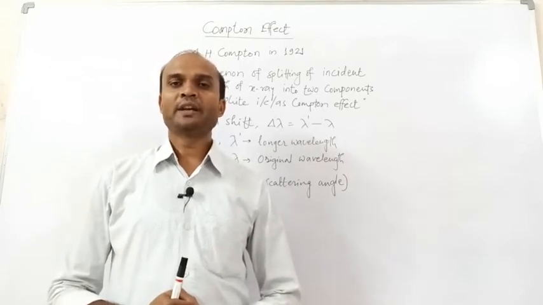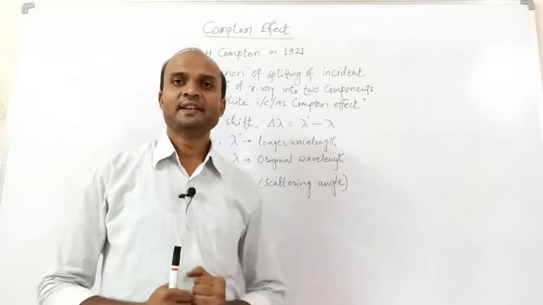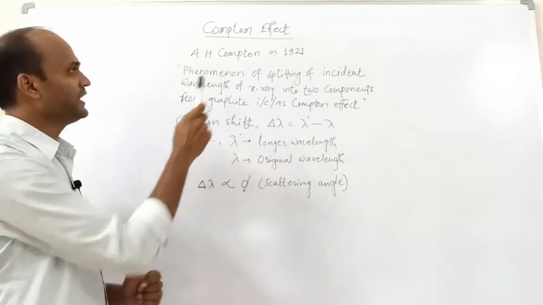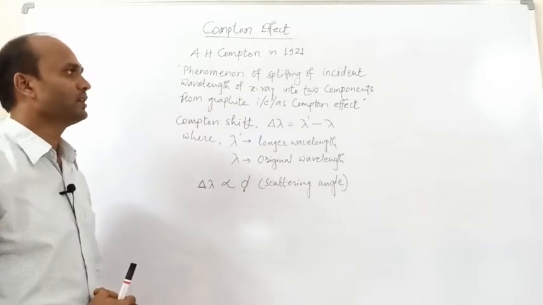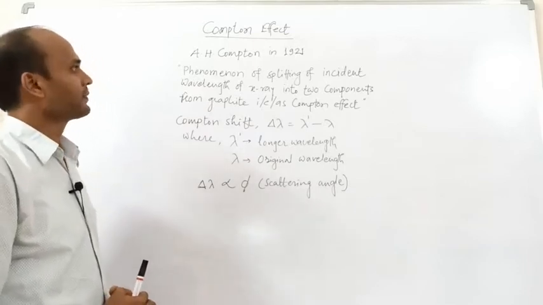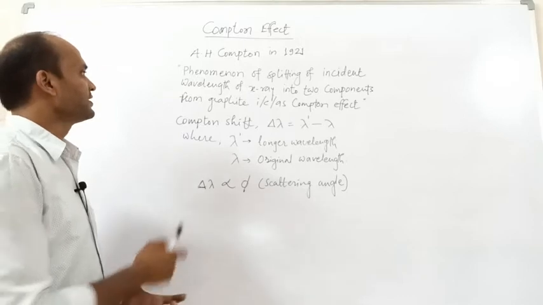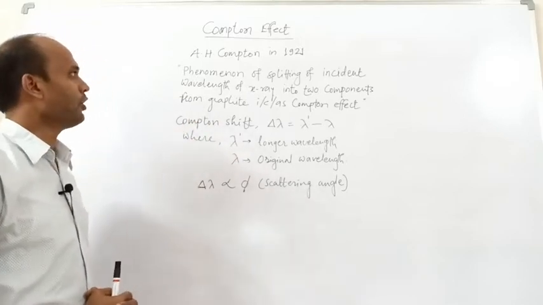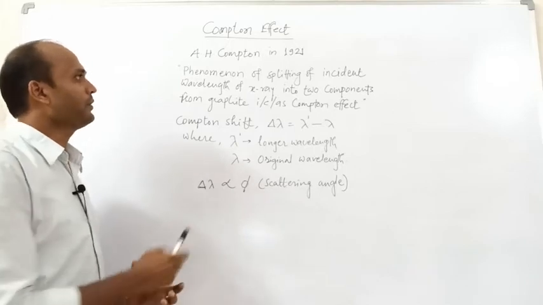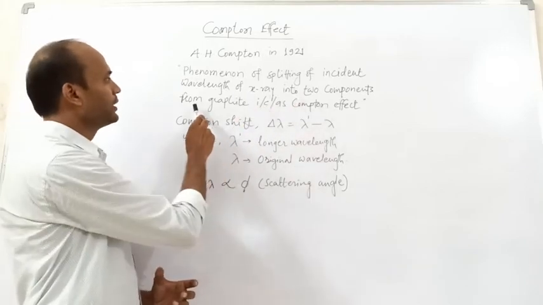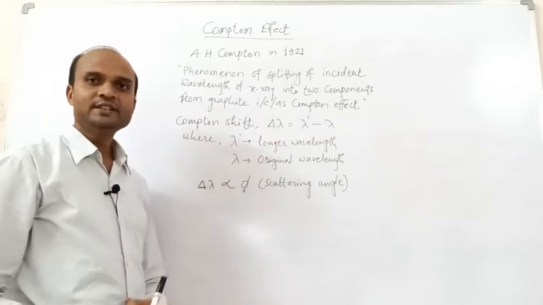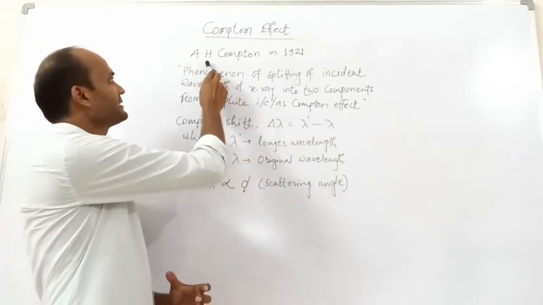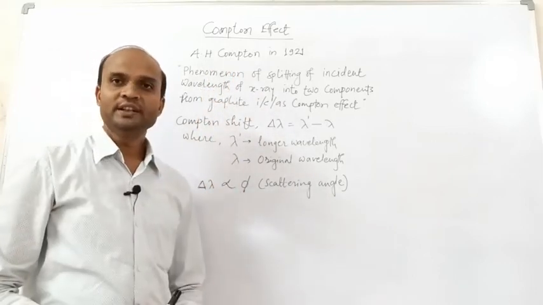Therefore we can define Compton effect as the phenomenon of splitting of incident wavelength of X-ray into two components from graphite. This phenomenon is known as the Compton effect, which was discovered by scientist A.H. Compton in the year 1921.